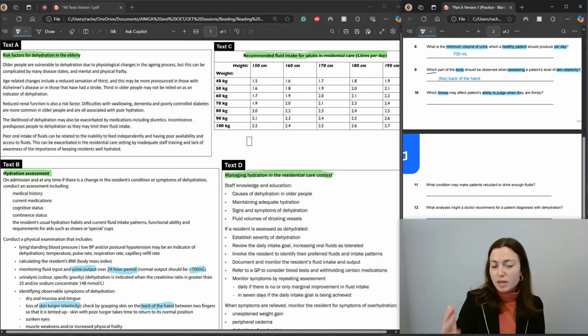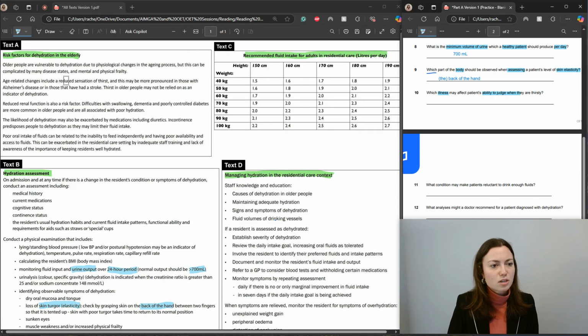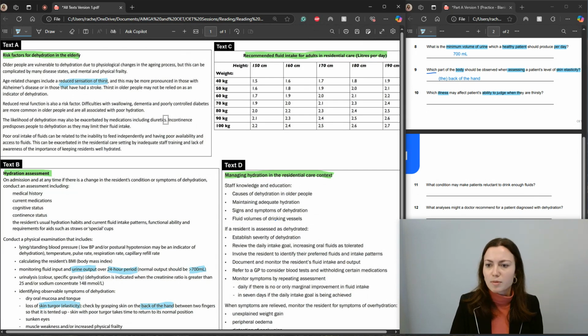Yeah, so this question is challenging because you're sorting through the potential options. So then step 2 is to look for what phrase matches the ability to judge, reflecting that. And if we go back up here to Alzheimer's disease, age-related changes include a reduced sensation of thirst, and this may be more pronounced with those with Alzheimer's disease.